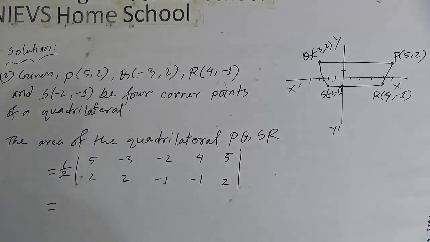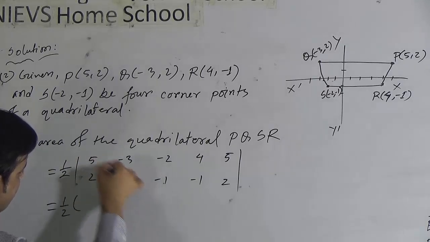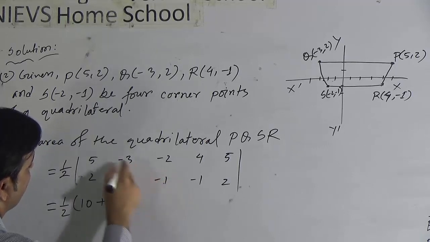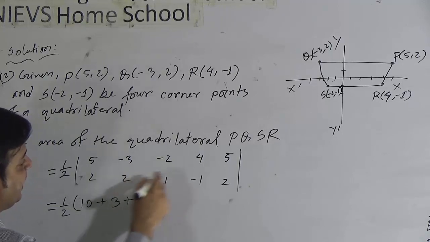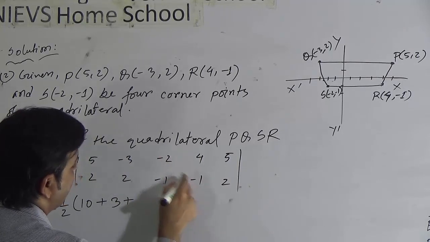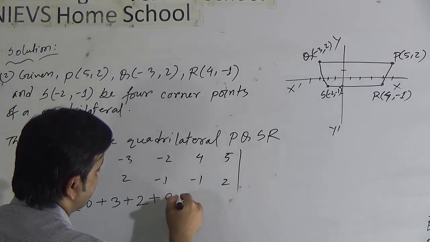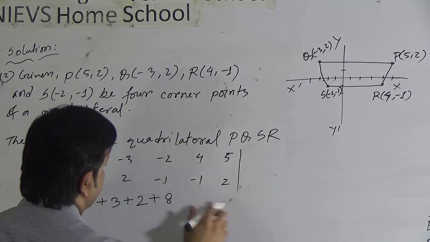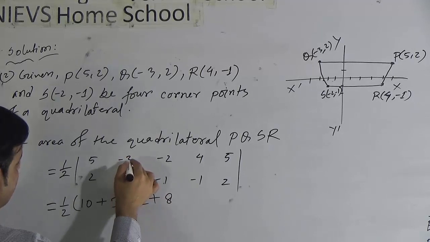So determine the area. You will get here half, 5 times 2 is 10. At first we have to multiply this diagonal, 5 times 2 is 10, plus, here the product of minus and minus is plus, that is 3. Now 2 times 1 is 2, minus and minus is plus, so here will be plus. Now 4 times 2 is 8. Now for this other diagonal we have to give minus.